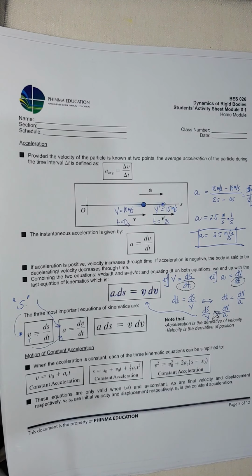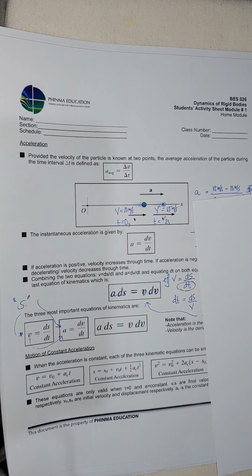If the object is in constant acceleration, we have a new set of kinematic equations, as shown here. Constant acceleration means the velocity is either increasing or decreasing at a constant rate.